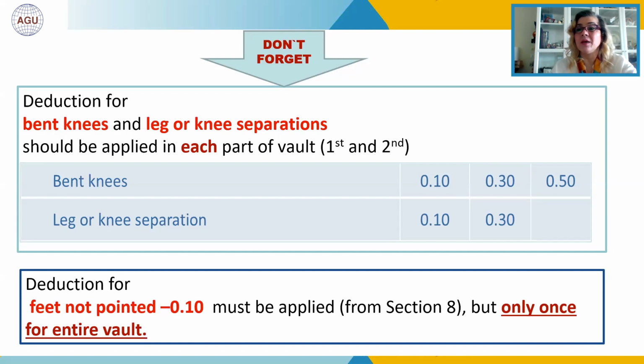But when it comes to deducting for feet not pointed, in this case, you must apply from section 8, which is the list of body faults and deductions. But you only deduct once for the entire vault. So for feet not pointed, you deduct only once in the whole vault. But for the knees and legs separation or knees bent, you have to deduct in each phase, 1 and 2.